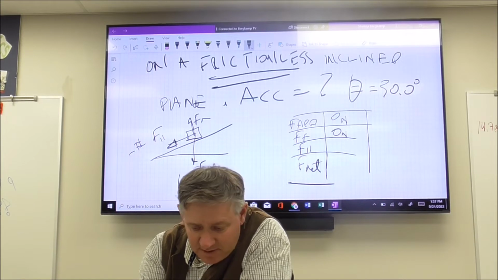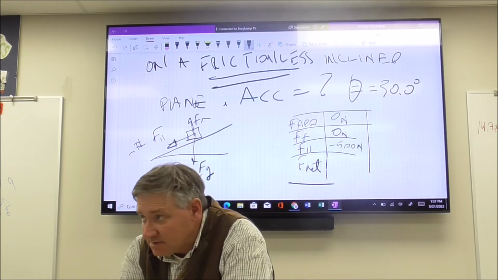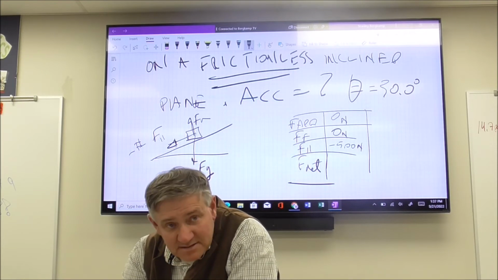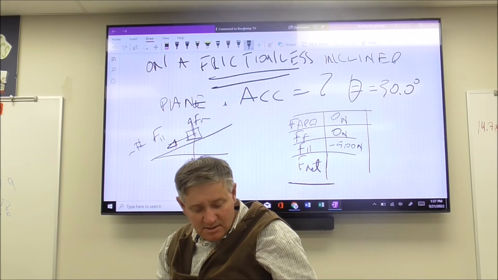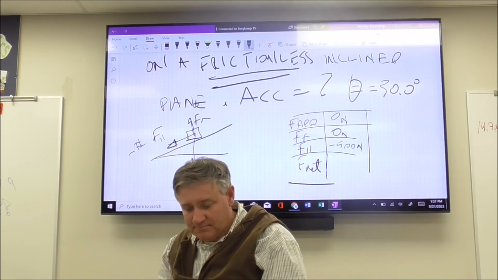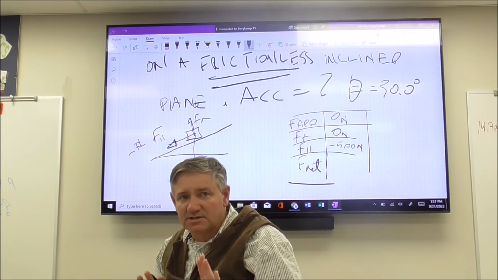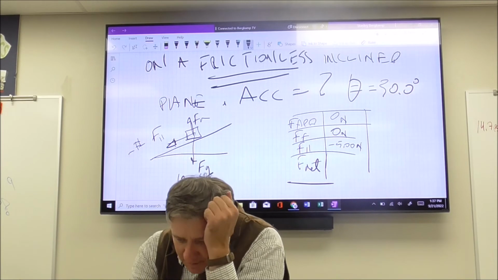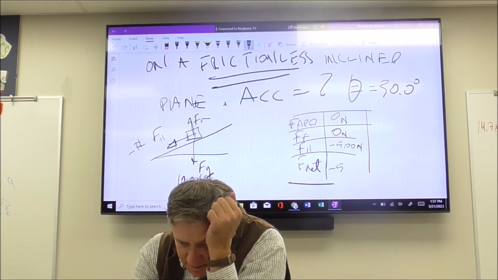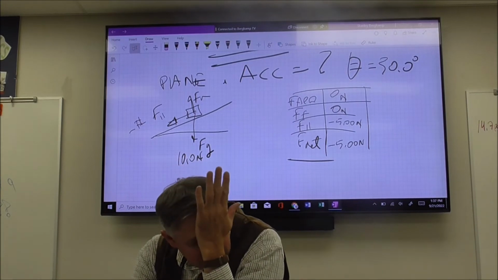That means my force parallel is going to be negative 5 newtons. Okay? That's the only game in town. So when I let go of this cart like this, that negative 5 newtons is the only force acting on it. There is nothing else, okay? So, my net force is just going to be negative 5 newtons.